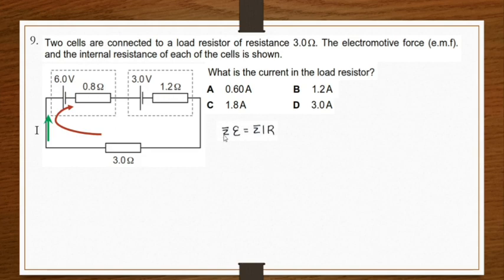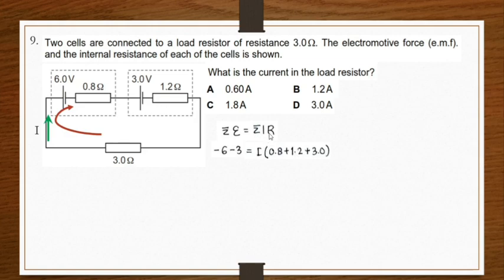We will use the second Kirchhoff's law that the sum of EMF is equal to the sum of potential difference, and when I follow the direction of the loop and I find the positive terminal of the battery, I will give the EMF a negative sign. -6 and then here -3 should be equal to the sum of I times R. It is I, this green arrow, and it will go through this 0.8 plus 1.2 plus 3.0 ohms.